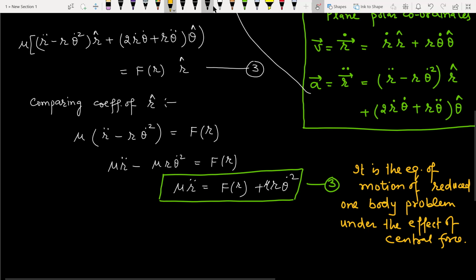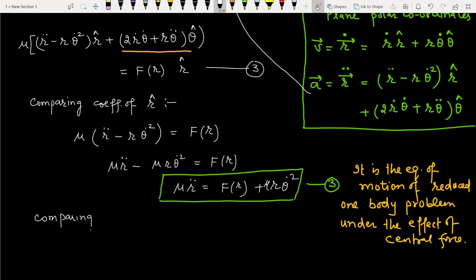So now in this equation we have compared the coefficient of r cap, but there is one more term which involves the coefficient of theta cap. So what does that term give to us?